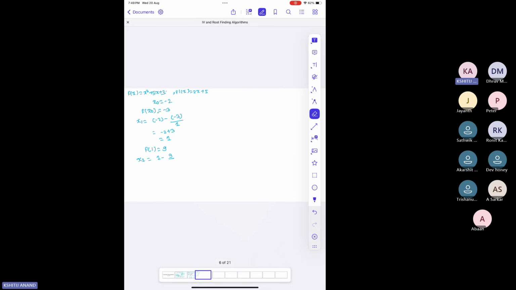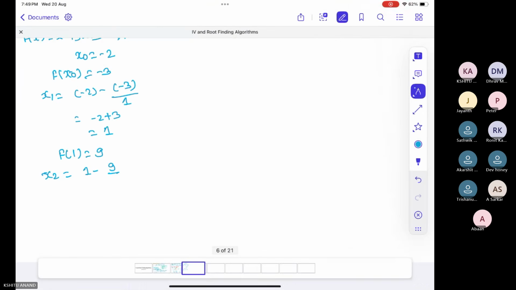And then this value will be 1 minus 9 by 7. Let me just calculate it, because apparently I wrote 10 instead of 9 in my notebook. So it will be 1.28, and then finally what we will have is minus 0.28.